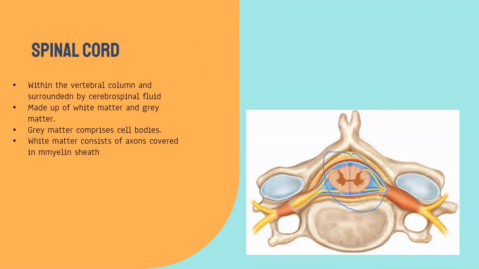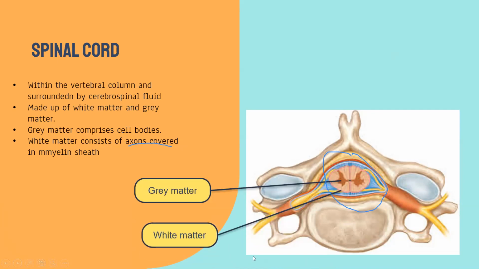Gray matter is comprised of cell bodies, and white matter consists of axons, which are the neurons. Later we will go into detail on the structure of gray and white matter. So this is gray matter, this is white matter.